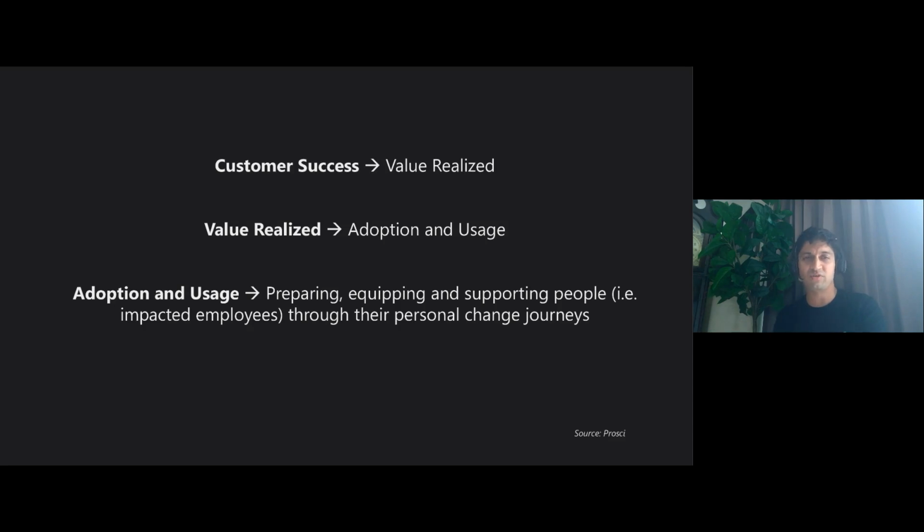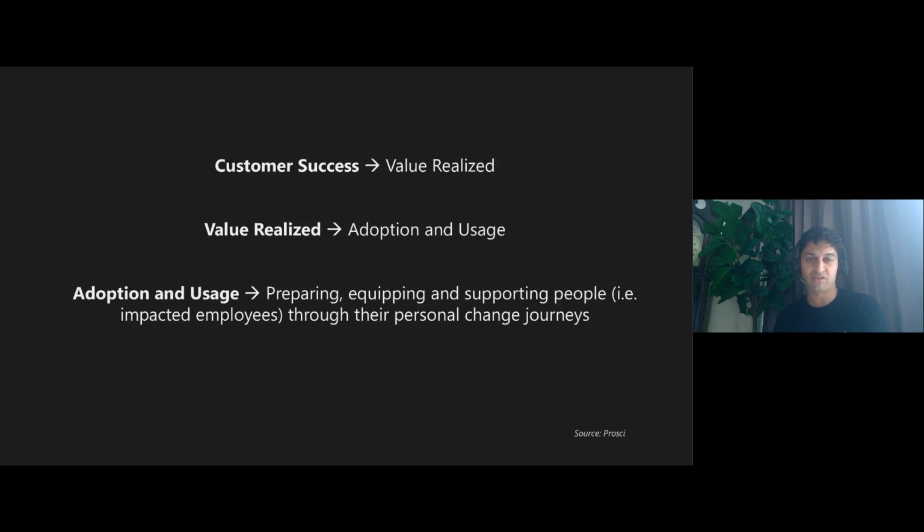So, I think we all know, customer success depends on realizing value, right? A customer is successful if they are realizing value from your product or solution. We also know that the value that's realized depends on adoption and usage. If you're not using the system, if it's sitting idle, you're not really realizing value from it. And adoption and usage, of course, depends on preparing, equipping, and supporting your end users or employees through their personal change journeys.